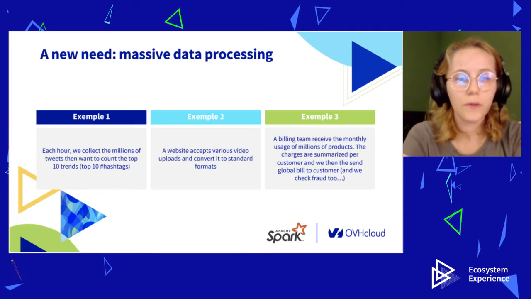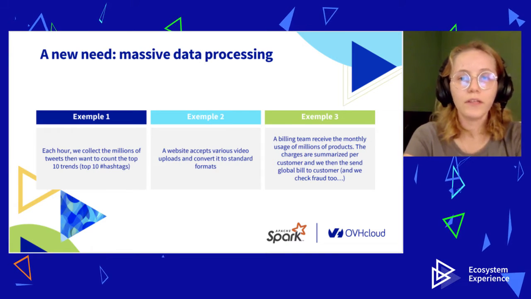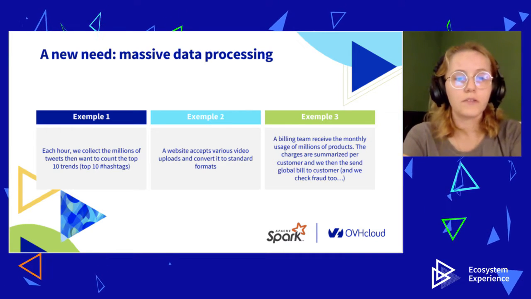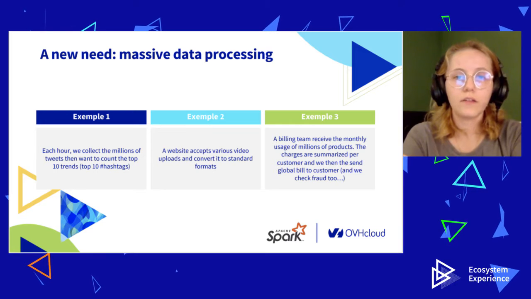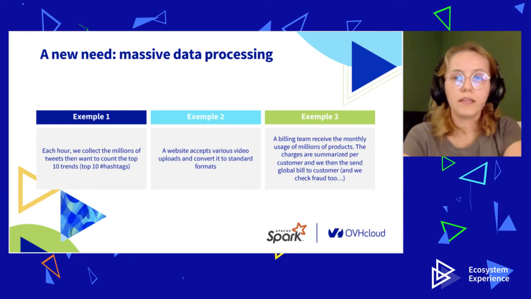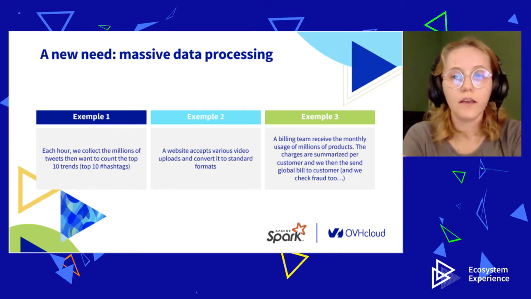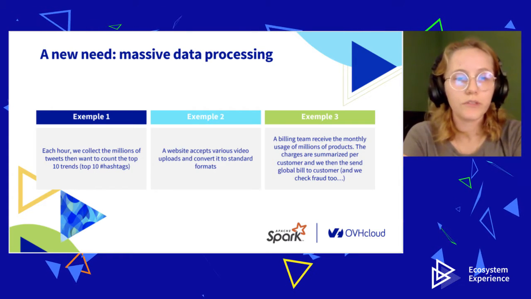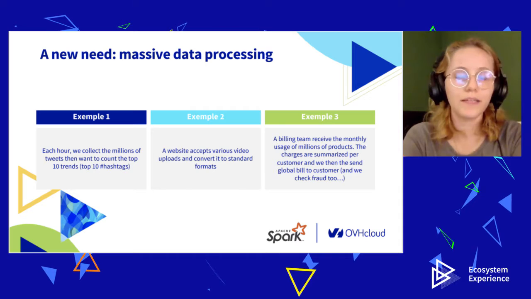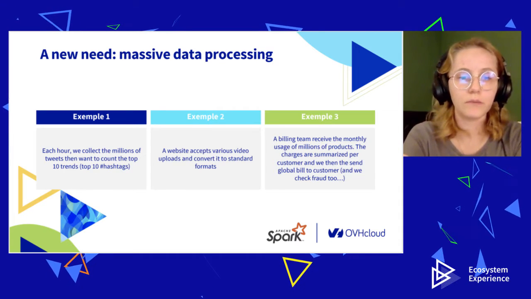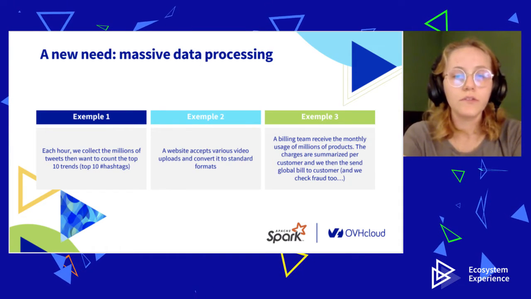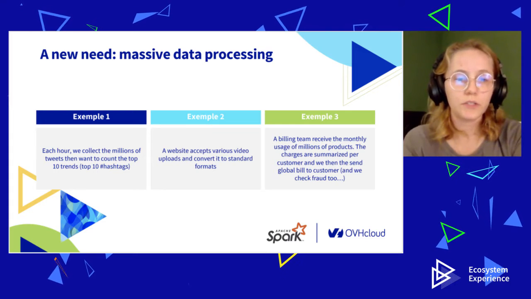And another example is our own example at OVHcloud, because as we handle many products and many customers, we have a lot of data about this, and we process those data in order to maintain our billing systems, for example. And to do that, we are using Apache Spark.